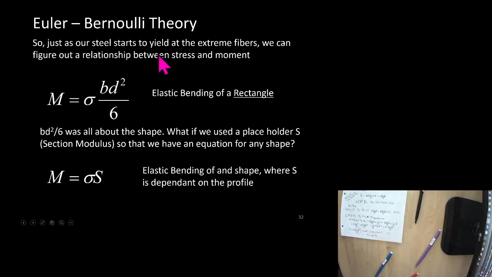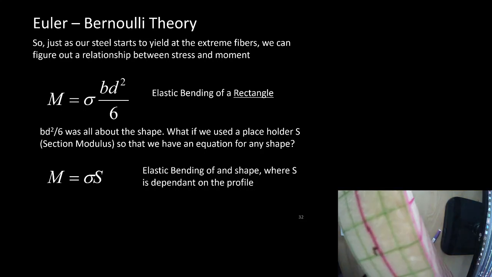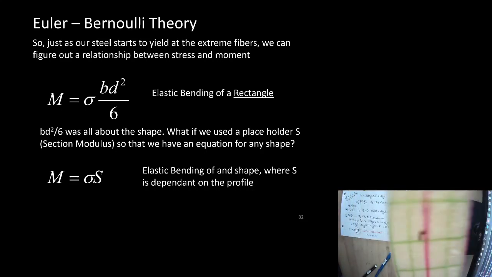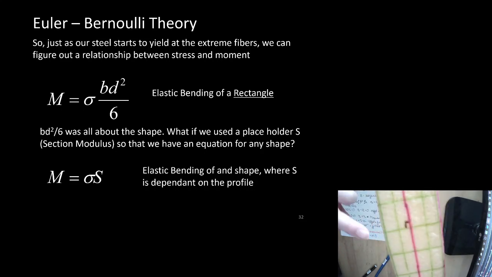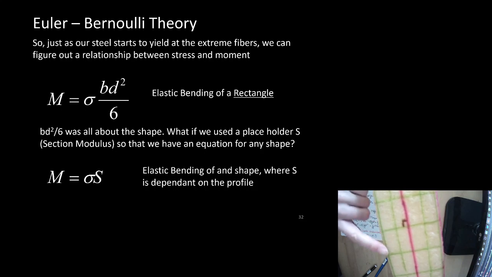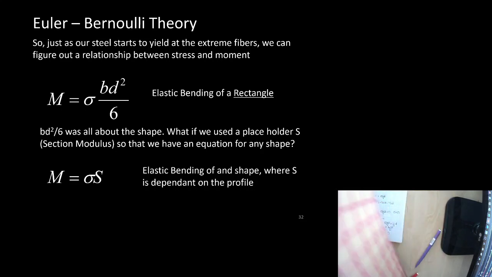So based on the Euler-Bernoulli theory, just as our steel starts to yield at the extreme fibers, so just as we hit the maximum stress that's in our elastic zone, so just as this is starting to bend like this, when this is hitting the part where it's going to yield, which means permanent deformation, and just as this spot right here is hitting its maximum elastic stress, or there would be permanent deformation, we know that we can calculate what the maximum moment could be.